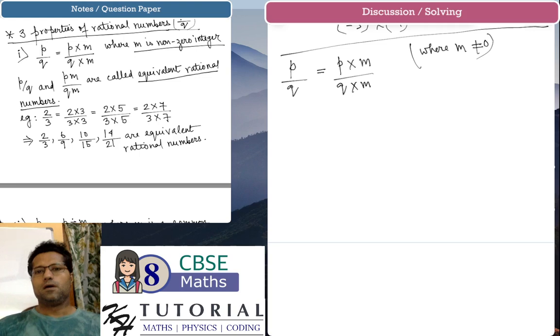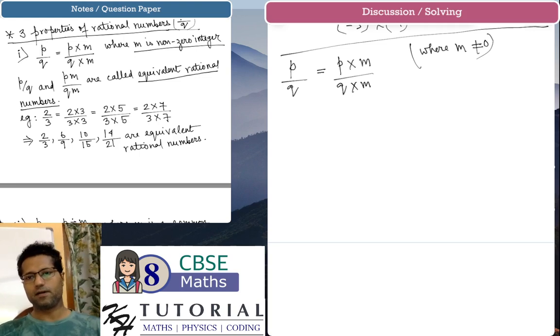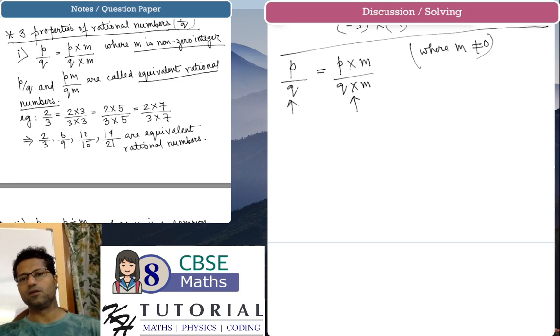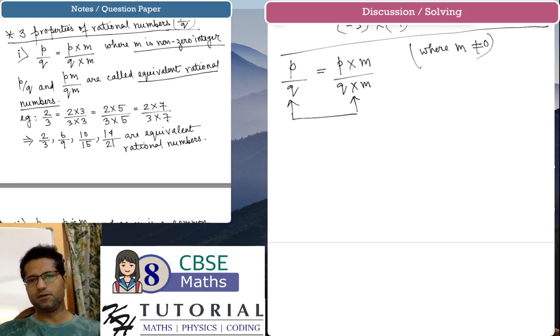Now, for these kinds of rational numbers, where one rational number is obtained from the other by multiplying a non-zero integer with both the numerator and the denominator, p by q is also written as pm by qm.